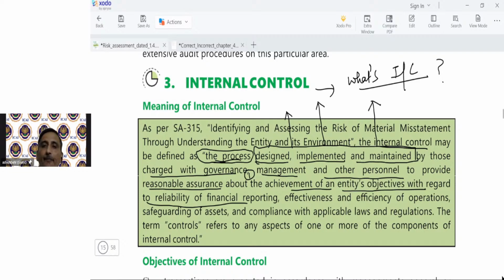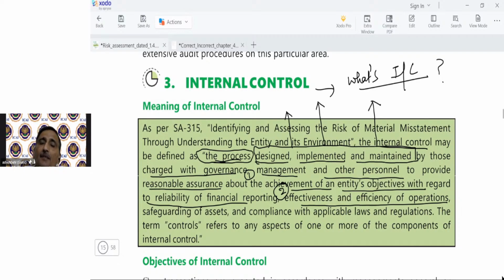And the second point is effectiveness and efficiency of operations, that the operations are carried out effectively and efficiently by the business. It is in the interest of the company itself.